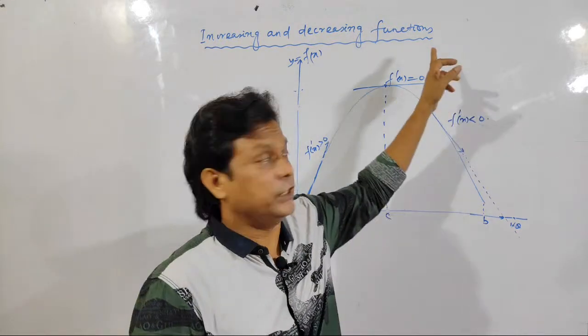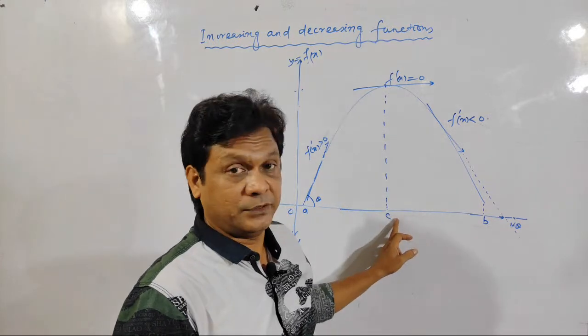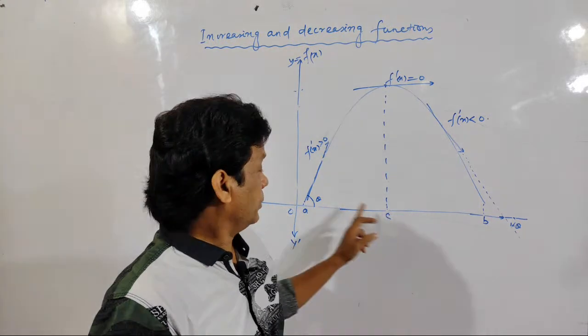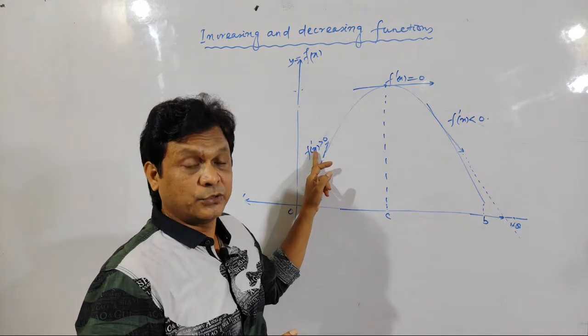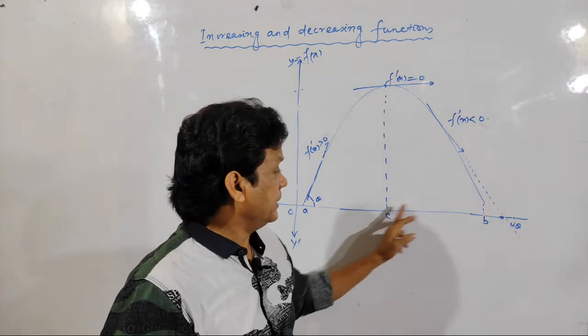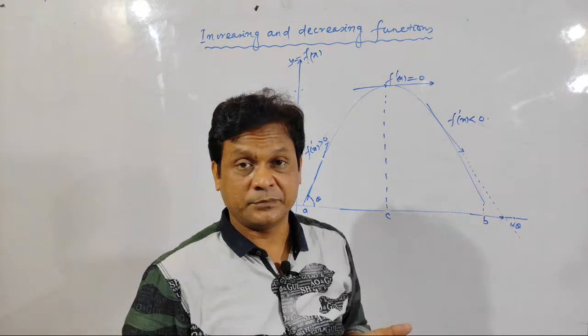Then put the derivative equal to 0, so that you will get the point C. Clear? Now between A and C it is positive, so it is increasing, and between C and B the derivative is negative, so it is decreasing.